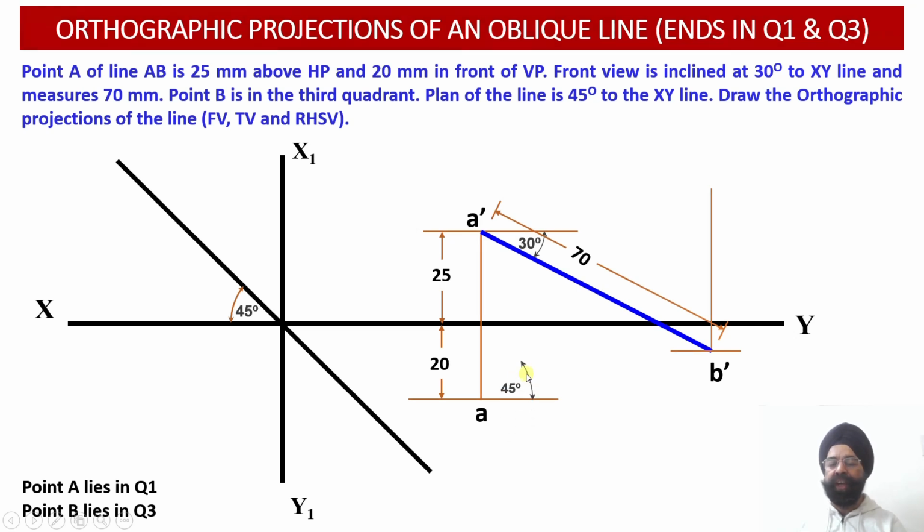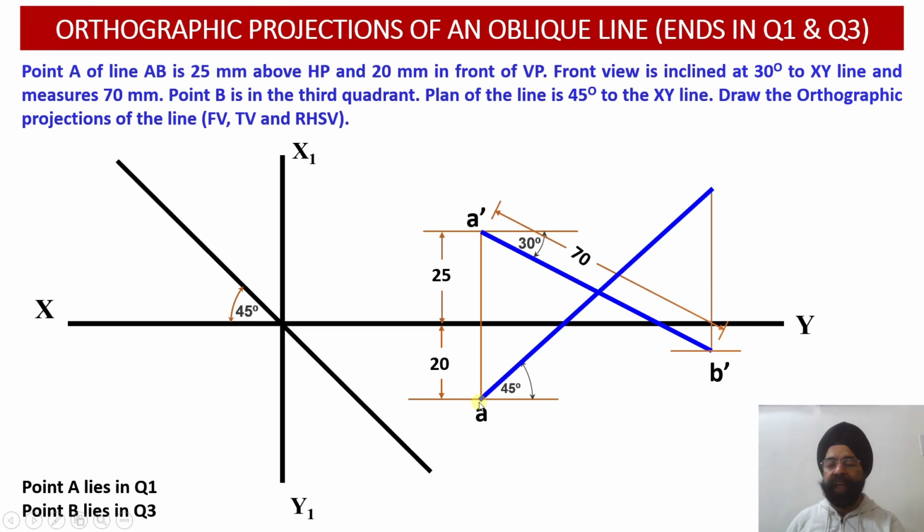That is, we are going to mark an angle of 45 degrees in the upward direction, and once we draw this plan projection line, we extend it till it meets the vertical projector line which is emerging from the point B dash. Why? Because B dash and B will be lying on the same vertical projection line as per the principles of projections of a point.